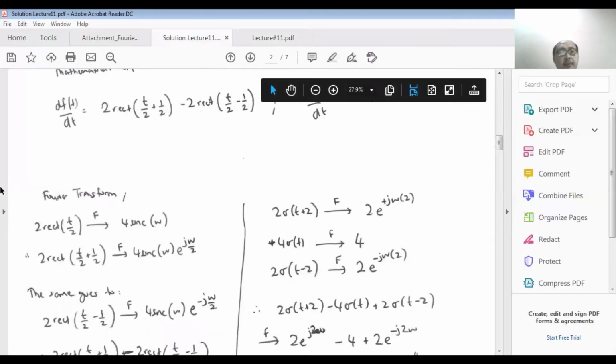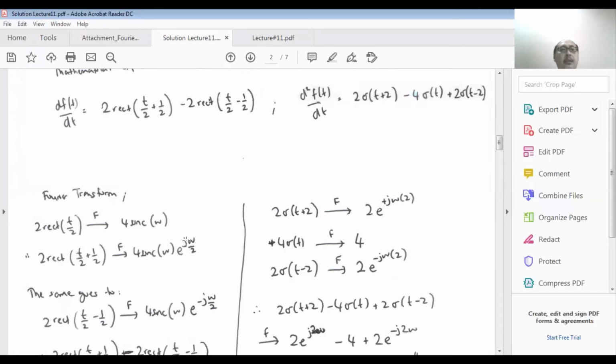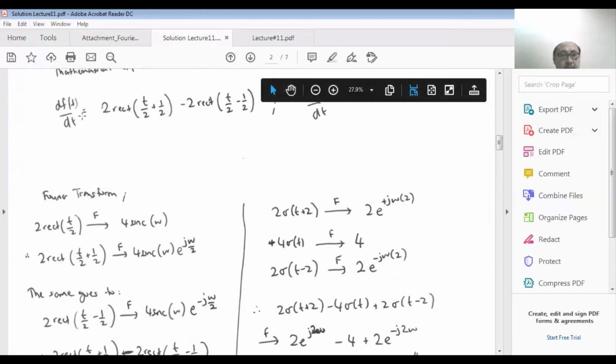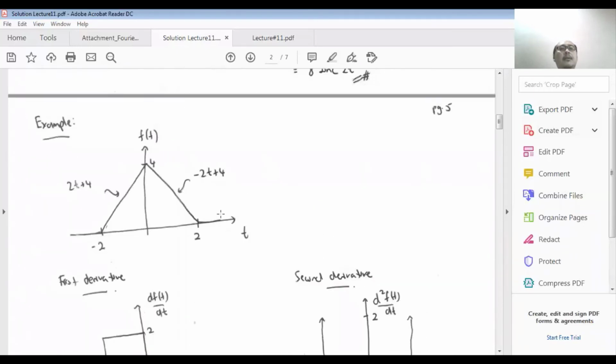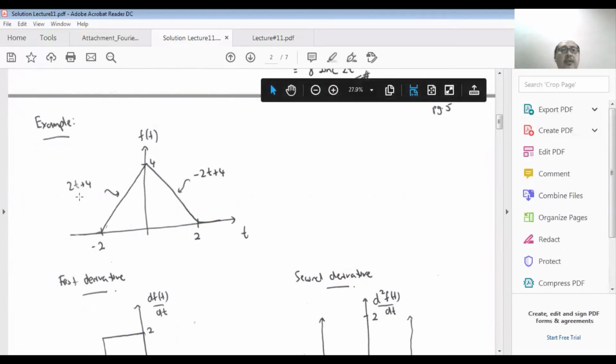For instance, for this first order differentiation, we can find the Fourier transform for dx(t)/dt, I mean for this expression of rectangulars, by simply multiplying j omega with the Fourier transform for these triangular functions.